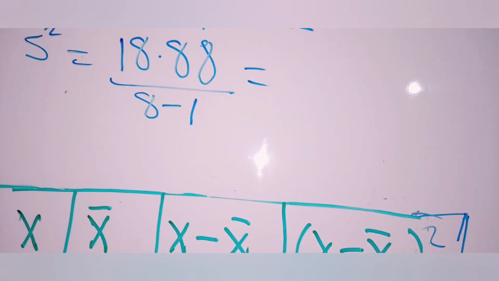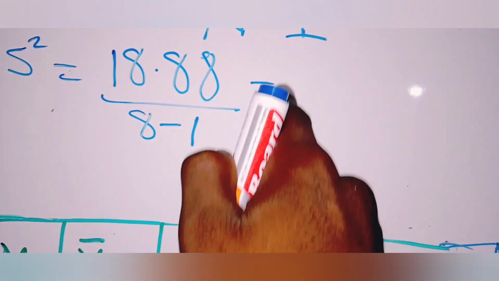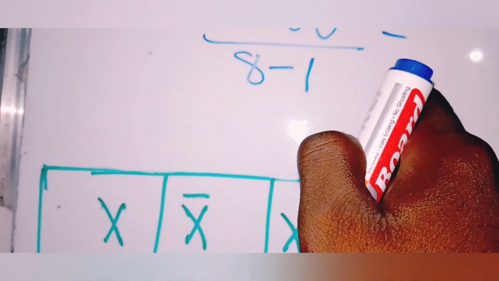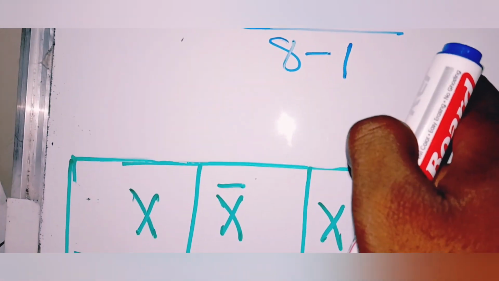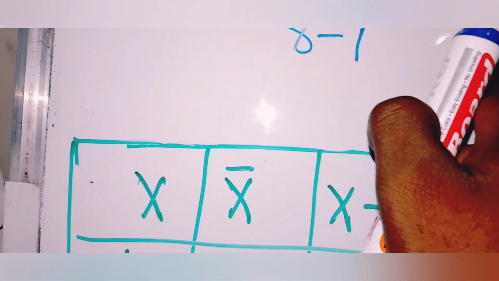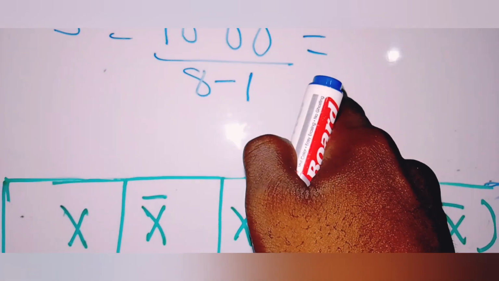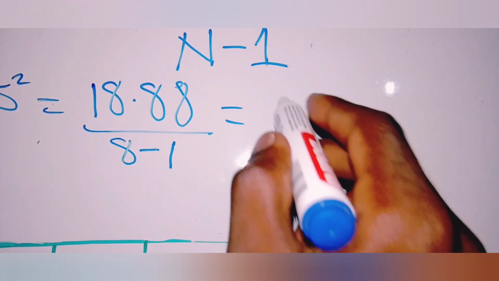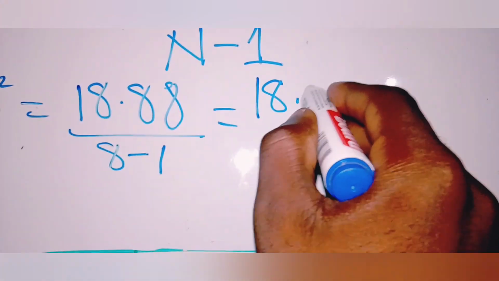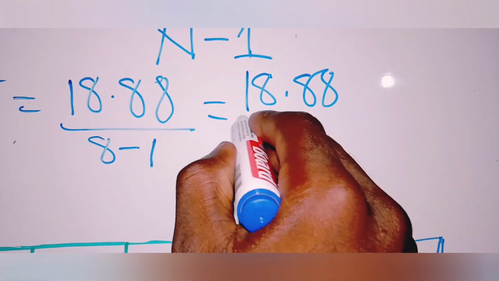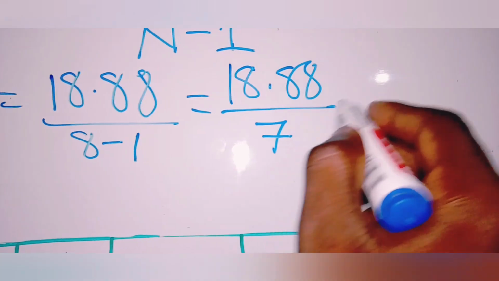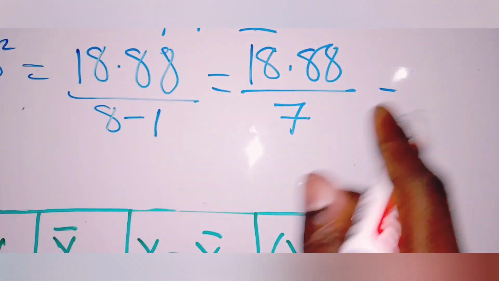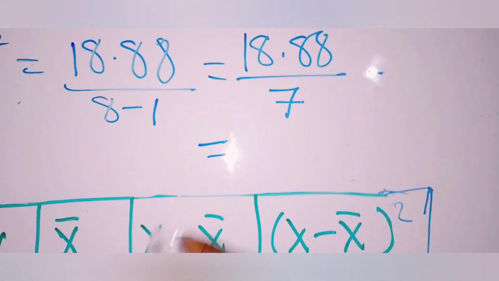Once you solve, what is it giving you? You have to make sure that you calculate properly. 18.88 you divide by 7. Let's just write it here so that it looks presentable.